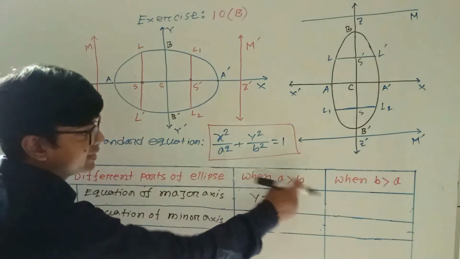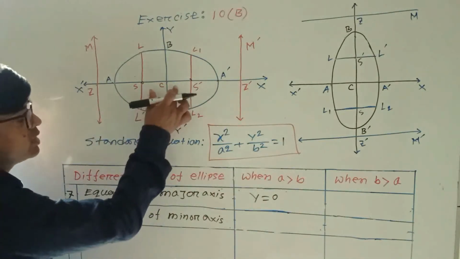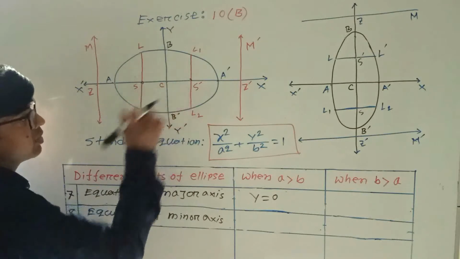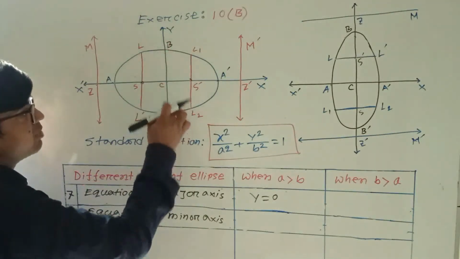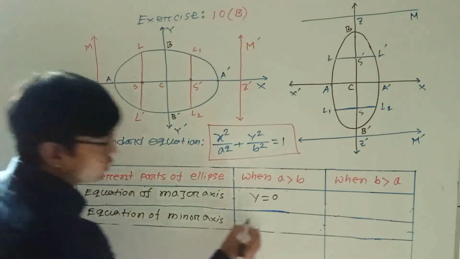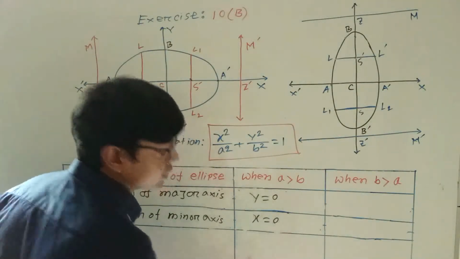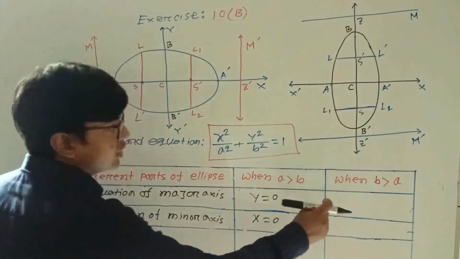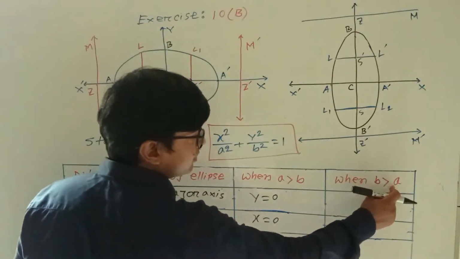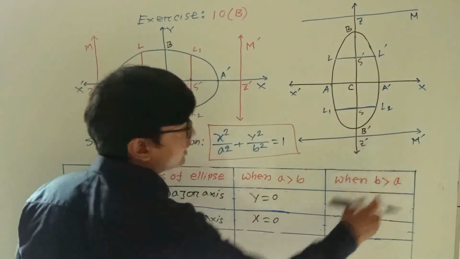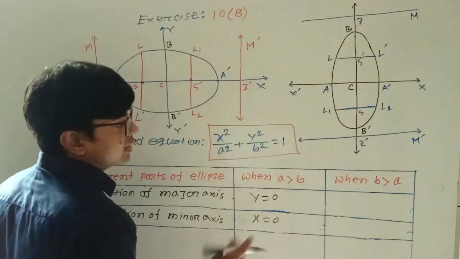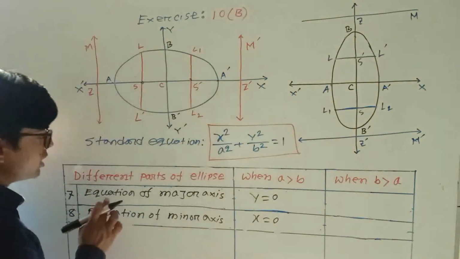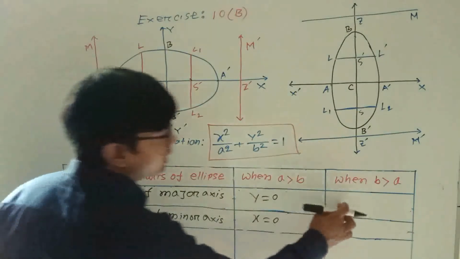When A is greater than B, then we can use this figure, and here minor axis B B prime is on the y axis, that's why x equals 0. And when B is greater than A, then we can use this figure, then our formula for the equation of major axis will be here.